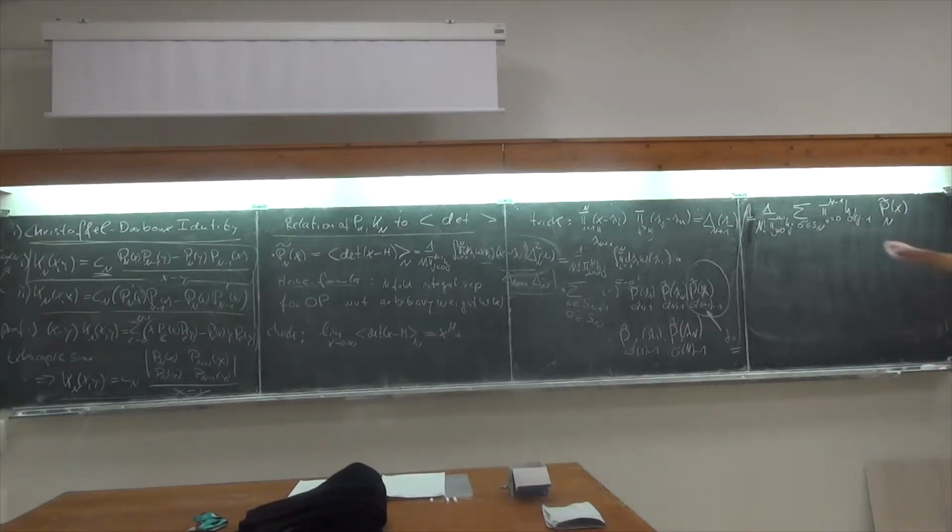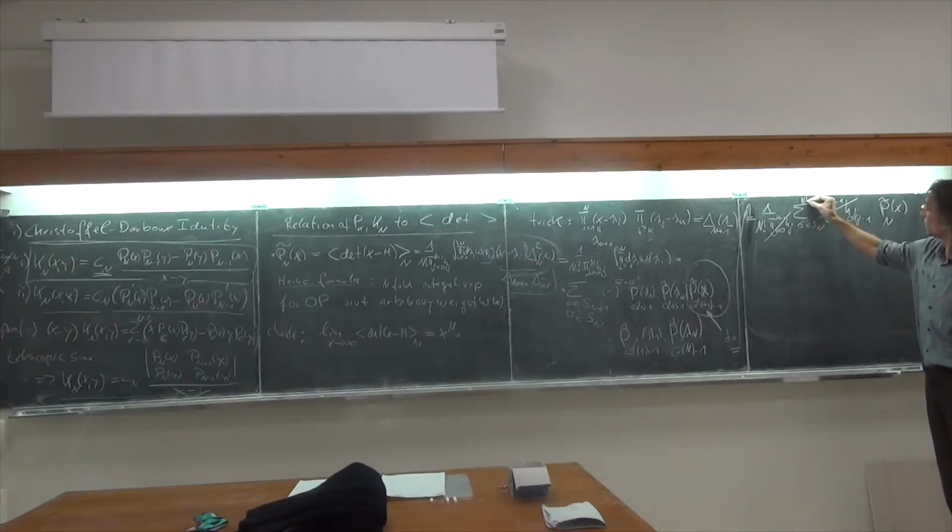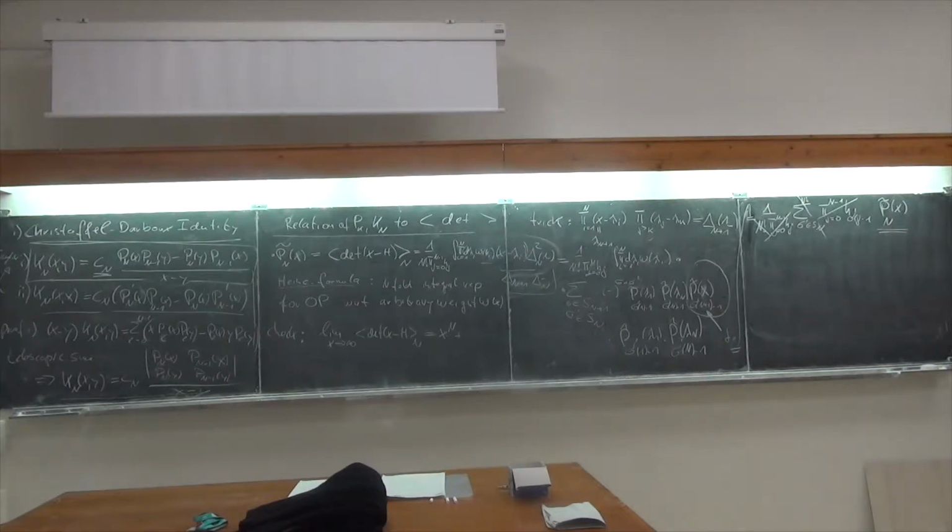Okay. Now again, this you can reorder. Every term appears once, so this will cancel this one, and then the sum of permutations will give an n factorial, which will cancel this one, and then this is the answer. Okay, this is the proof.